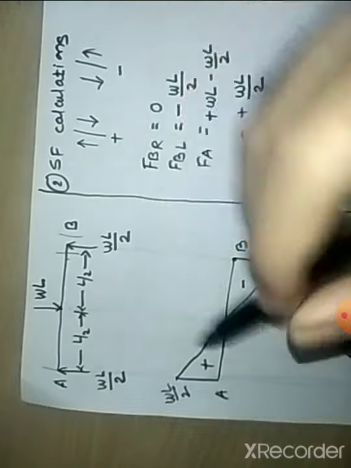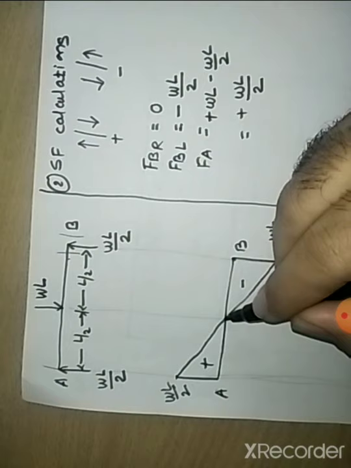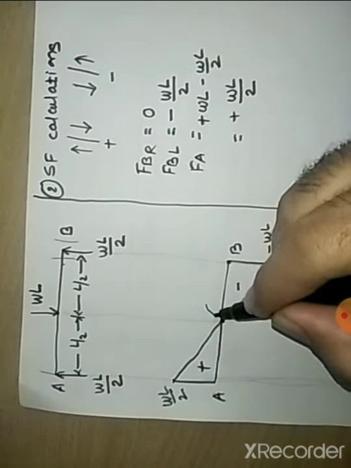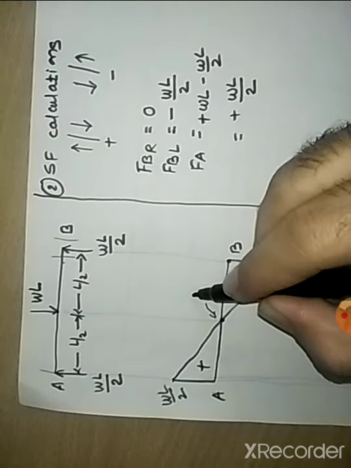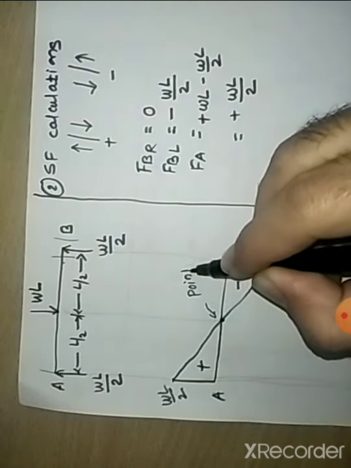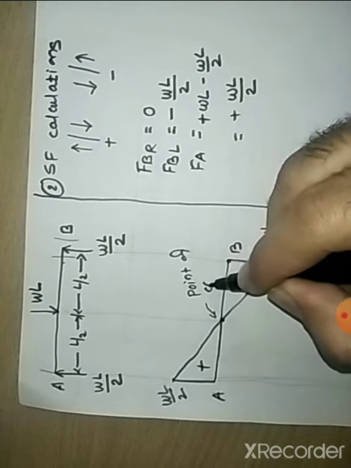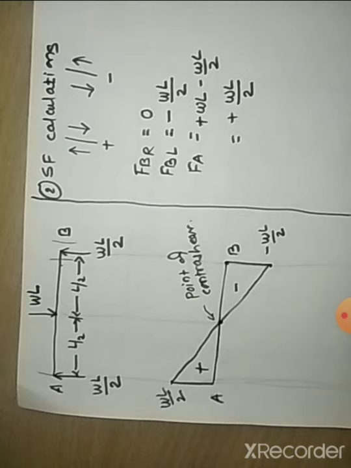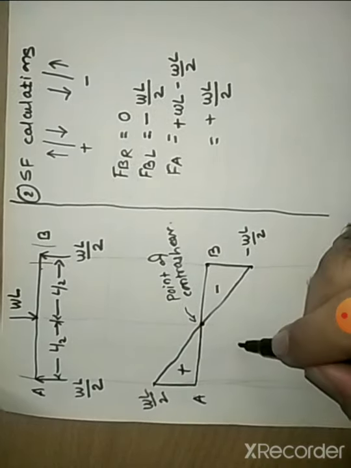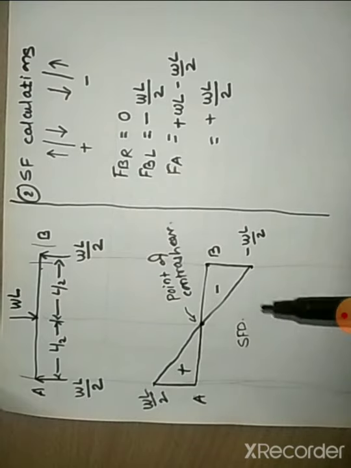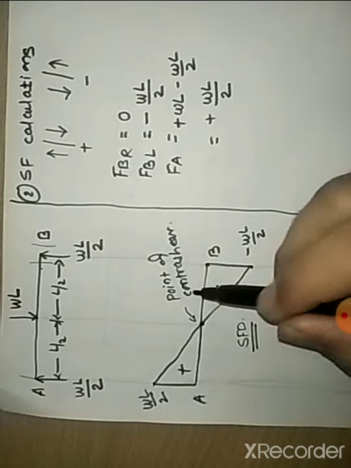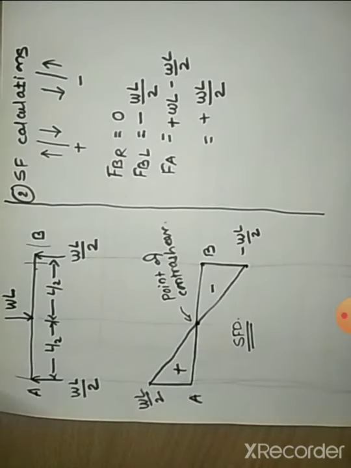This point is called the point of contra shear. What is point of contra shear? A point at which the shear force diagram changes its sign from negative to positive or positive to negative. That point is called the point of contra shear.